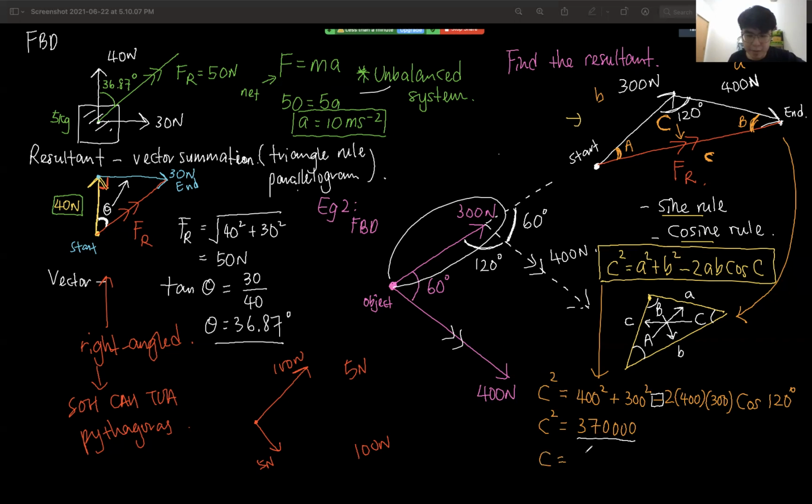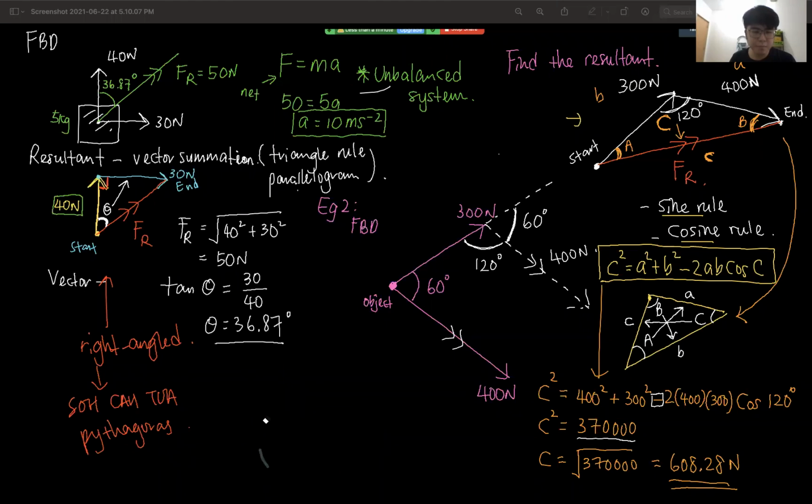And then find the answer. c equals to square root of 370,000, which is 608.28 Newton. That is your answer, the magnitude.